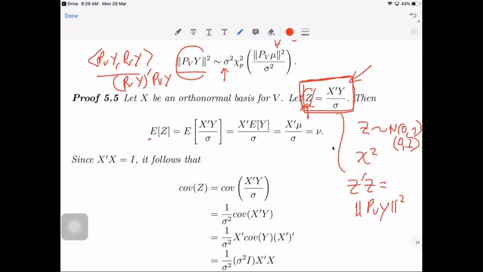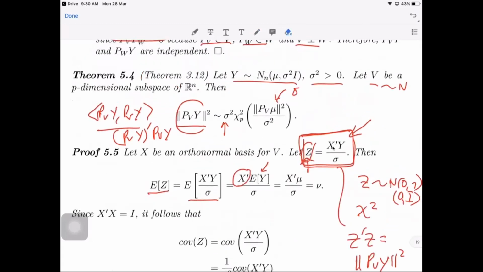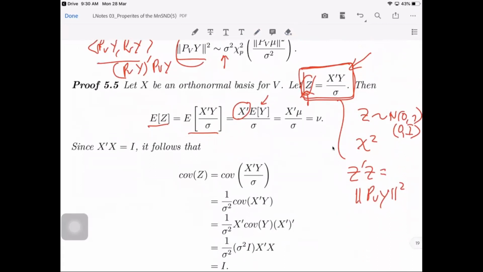Okay. So first we get the mean vector of z, which is the expected value of that. Now x is just a basis matrix or the normal basis. So it is a constant with respect to expectations. The expected value of y is given to be, nasa assumption, that this is normally distributed with mean mu and variance sigma squared I. So we have x prime mu over sigma.